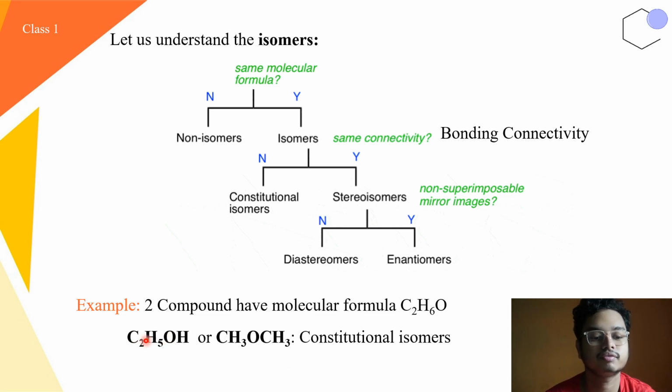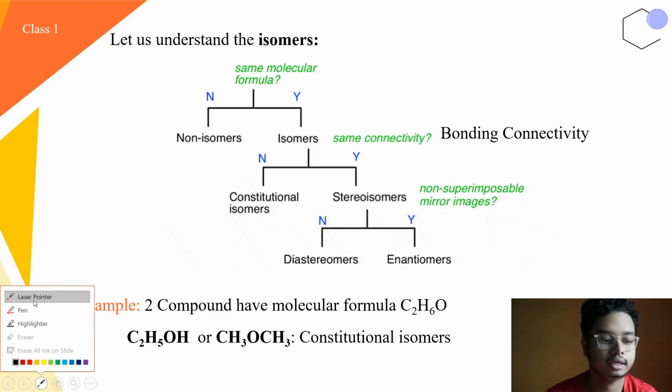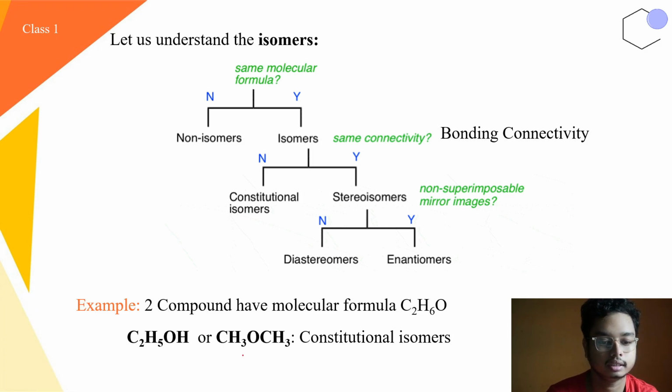Now here you can find that there is one carbon-oxygen bond present here, but here two carbon-oxygen bonds are present. If we draw this compound, it will be CH3OCH3.